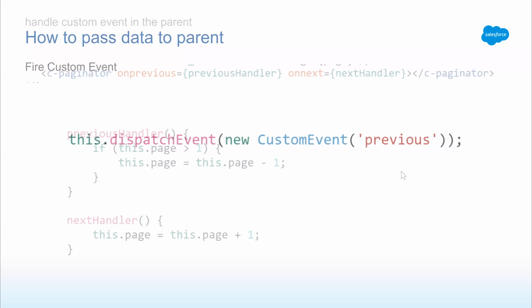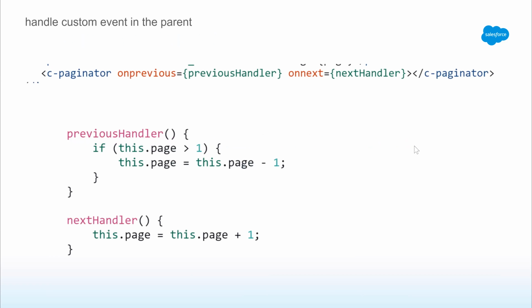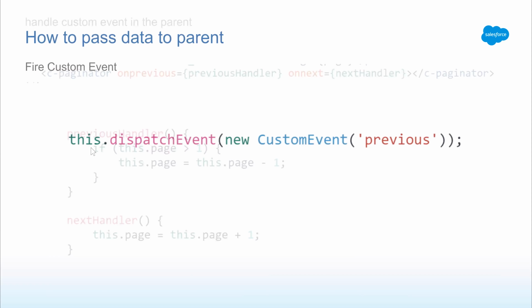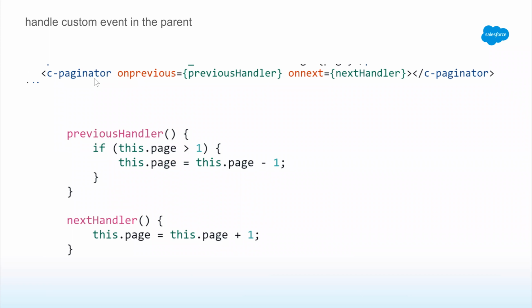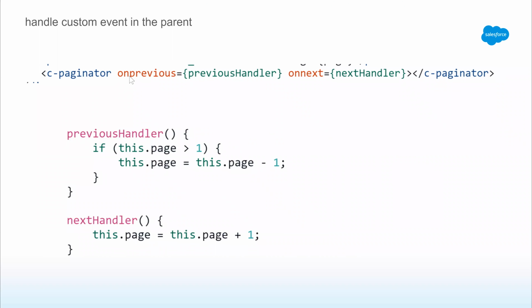Here, as we can see, we have written the event name as previous. This is the code in the paginator, and this is our paginator component in the parent. Whatever event name we have defined, we attach on before it, and it is again in all lowercase.